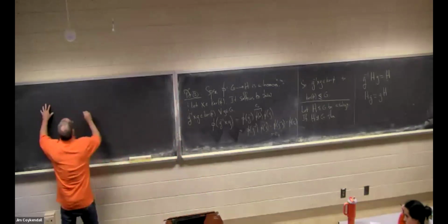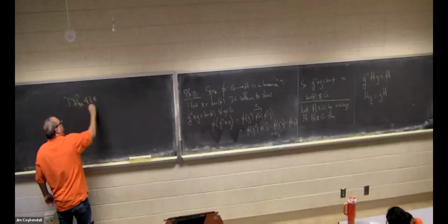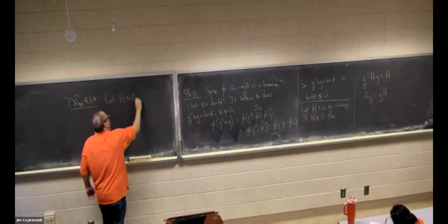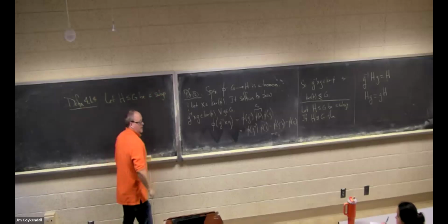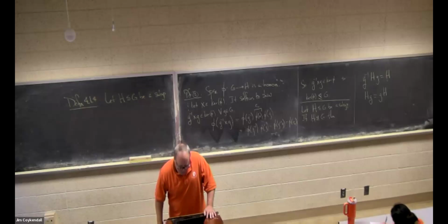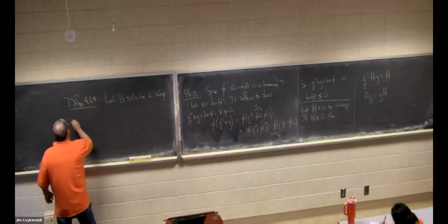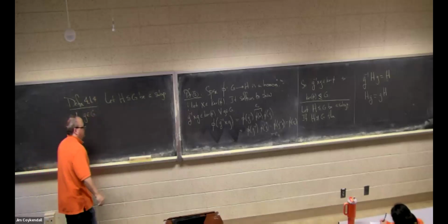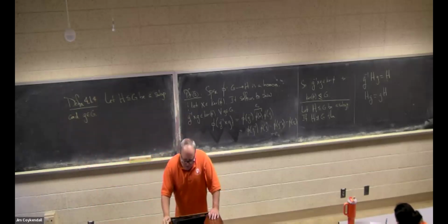Definition: any subgroup, doesn't have to be normal, anyone you want, and g in G, any element you want. We're going to define the left coset.